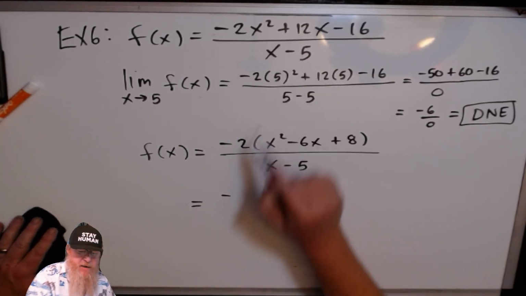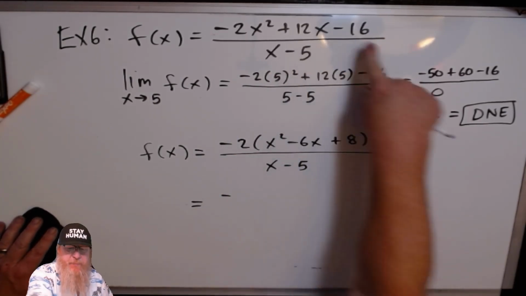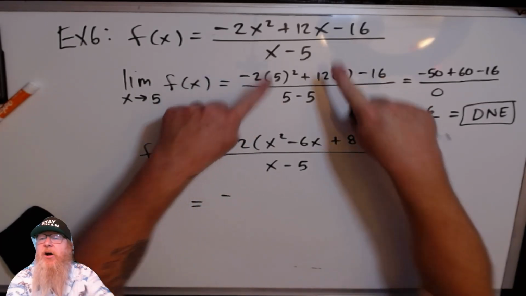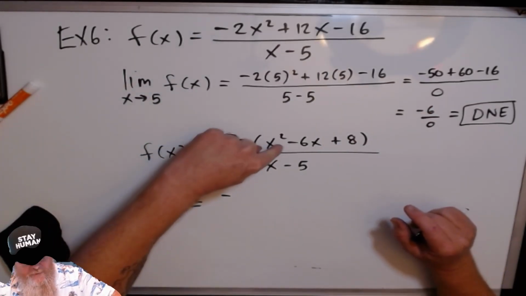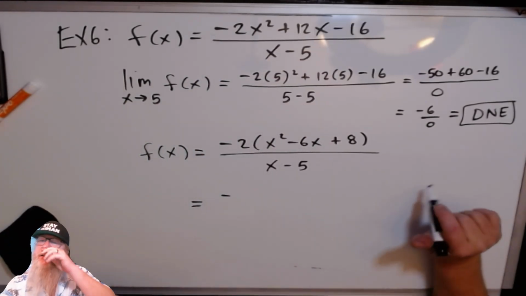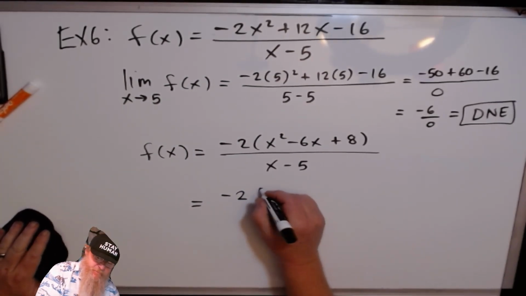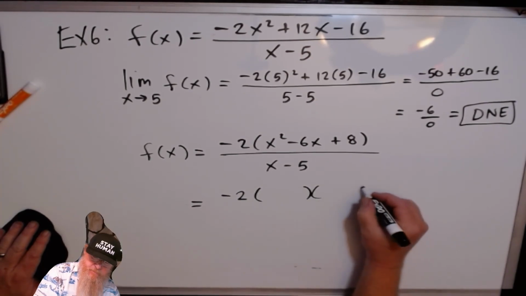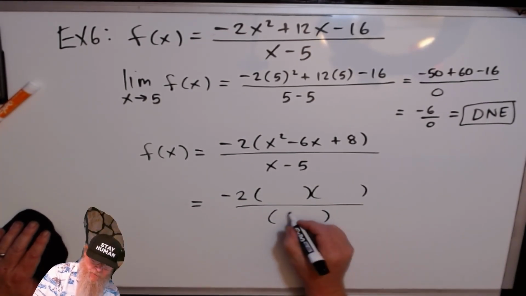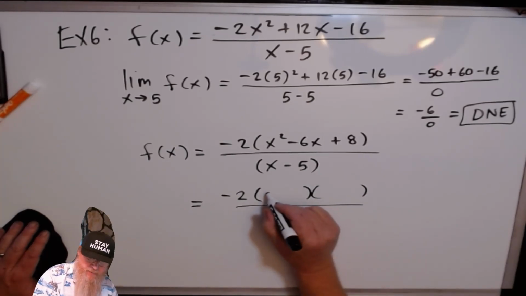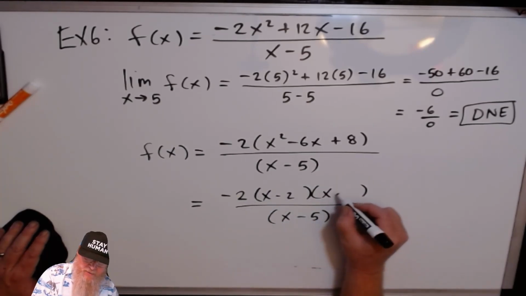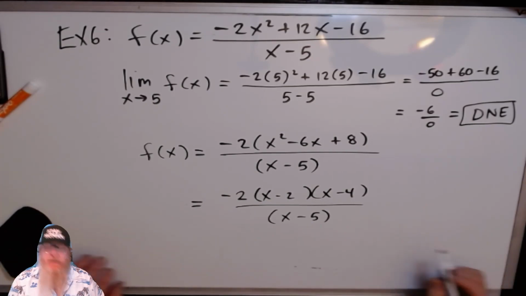So I factored out a negative 2 from the top, double checking all my signs. When you pull out the negative, it changes the positive to a negative and the negative to a positive. I like to put parentheses around everybody. Let's see, x minus 2, x minus 4.